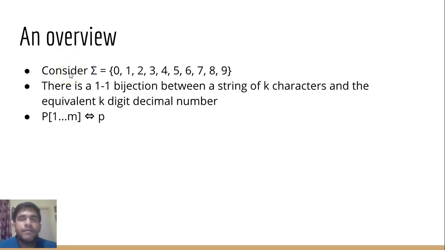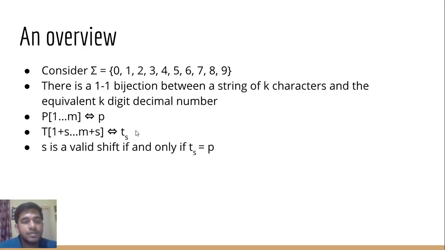So the pattern P[1..m] is also equivalent to some decimal number which we label as p. Let Ts stand for the decimal equivalent of the substring of the text which is shifted with S characters. So this is what Ts is.